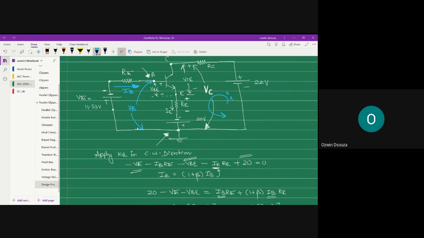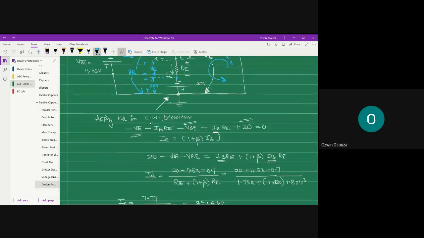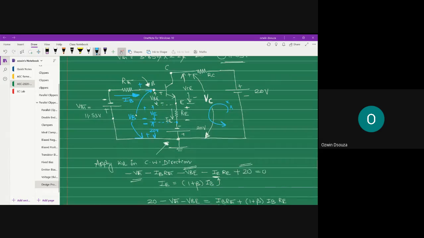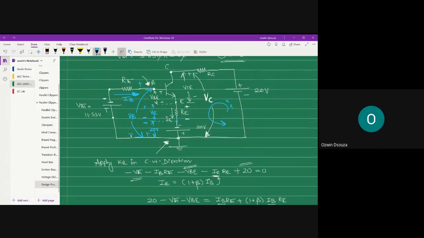So base to ground voltage is nothing but base to emitter voltage, then emitter to ground voltage, positive and negative, and finally this voltage 20. Okay, this side is negative and this side is positive.